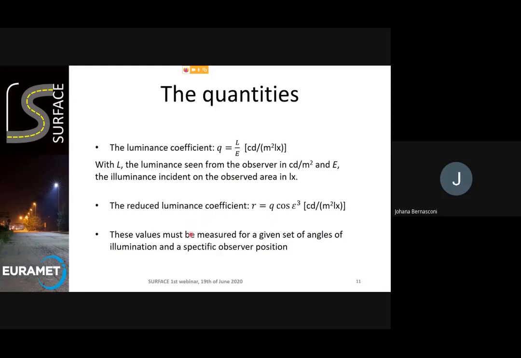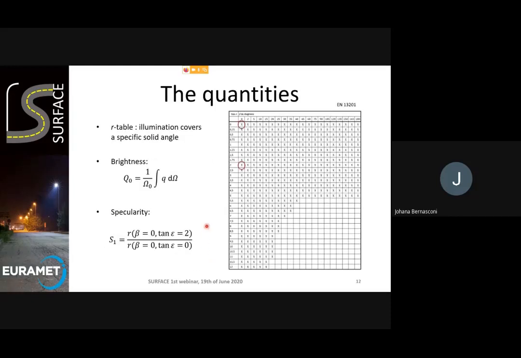And so these values must be determined for a set of illumination angles, as I showed before, the angle to the vertical and the angle with the observation. And this is the R table. So this is all the points where the quantities should be measured. So it's 396 points.